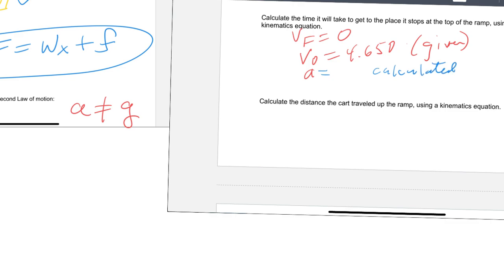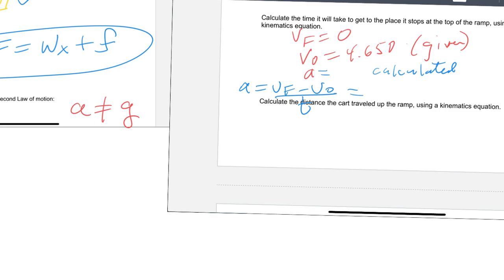So simply use this equation: A equals Vf minus Vo over t. Simple acceleration equation, change in V over time. That's going to give you a negative answer, which is okay because it's going in the positive direction and slowing down, so the acceleration will be negative.